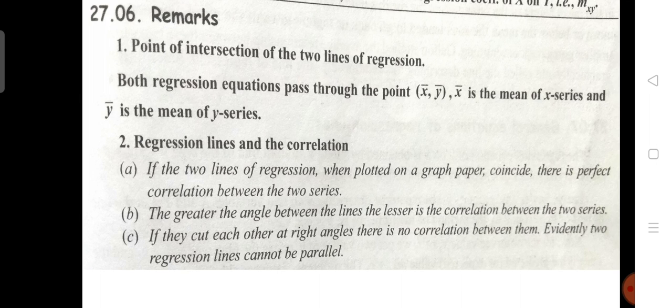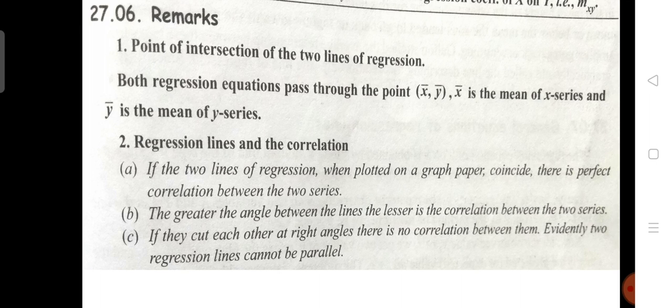So when we calculate x bar and y bar, that is the point through which the regression lines pass, the mean value. Regarding regression lines and correlation: if two lines of regression, when plotted on graph paper, coincide, there is a perfect correlation between the two series, and the greater the angle between the lines, the lesser the correlation between the two series.